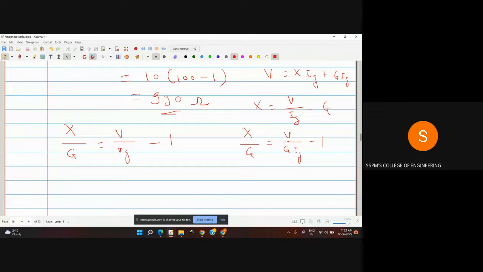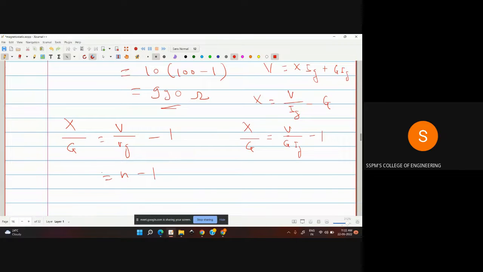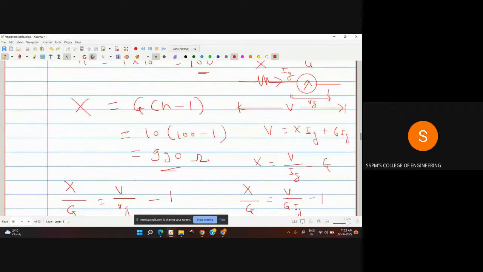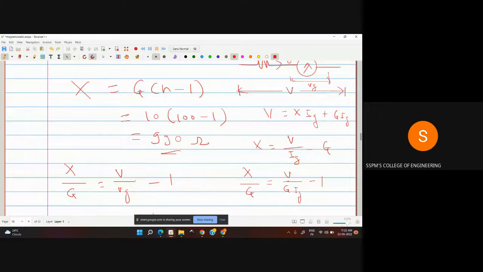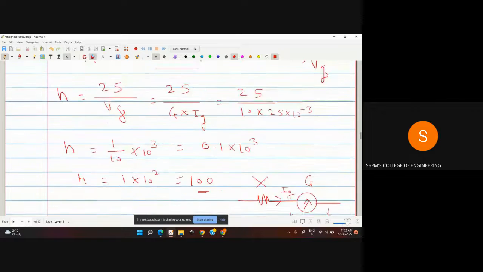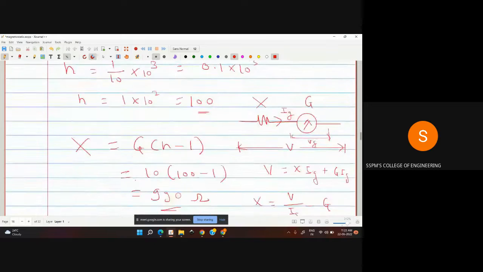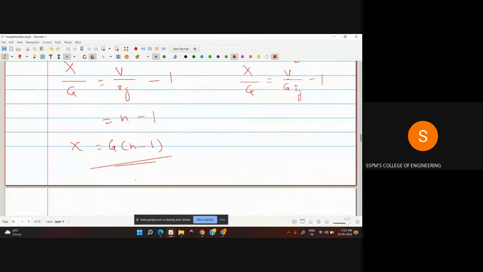Where V upon VG is N minus 1. So what is X? X is equal to G into N minus 1. अशा पद्धतीने सॉल्व्ह करा. ह्याच्यावर एक्झाम्पल जास्त विचारलेले आहेत सीईटी मध्ये, सगळं लक्षात ठेवा. एकदम सिंपल आहे अंडरस्टँड. The key point is to understand the example and remind the formulas.